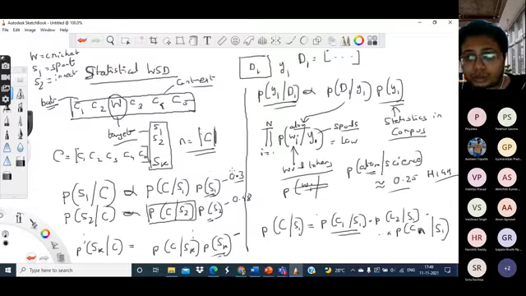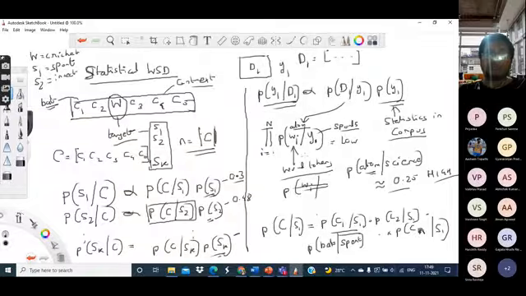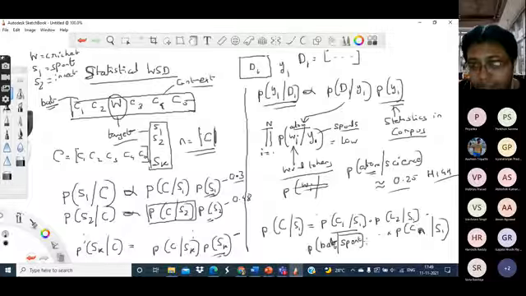Now here, what we are saying is, what is the probability that the word bat is found in the context of S1, that is sport? That is, whenever the word cricket is used in the sense of sport, what is the probability of finding a bat around it?